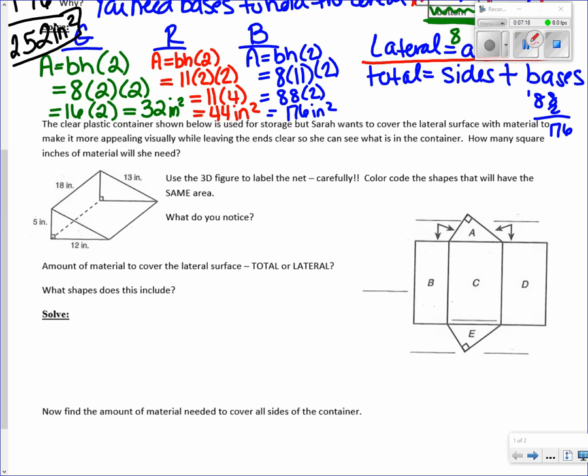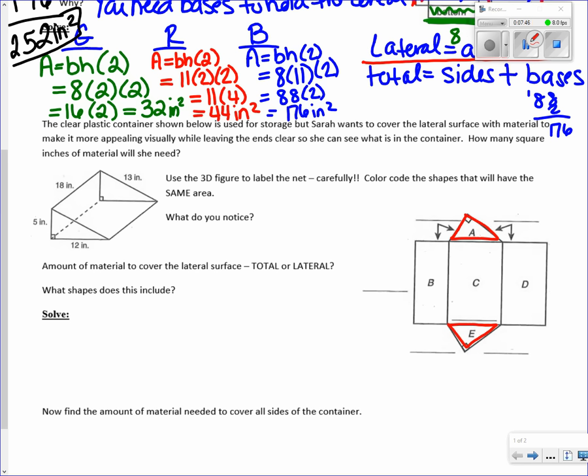So look over here where we have it all unfolded, the net. So here are the bases, but we do not want those included. But we're going to go ahead and mark them. So when we're looking at our measurements, we need the information on those bases. So all we're getting is the B, C, and D. So we're getting the 3 rectangles.